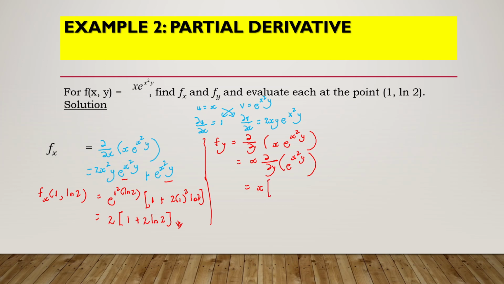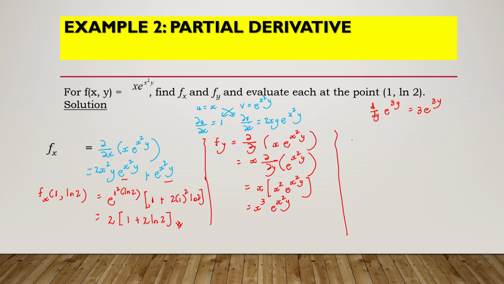Okay, when you differentiate with respect to y, x squared is a constant. Let's say if you differentiate e^(3y) with respect to y, you get 3 e^(3y). So x squared is like a constant value, let's say it's 3. So you get x squared e^(x squared y), and the total is x cubed e^(x squared y).